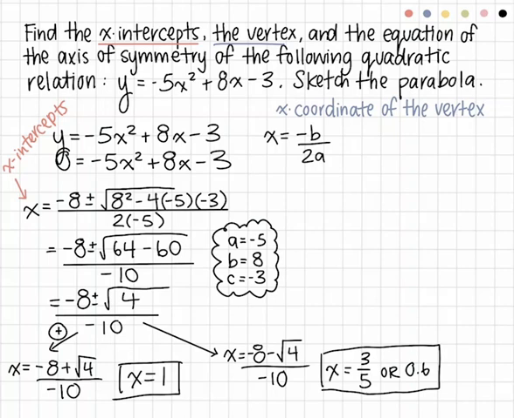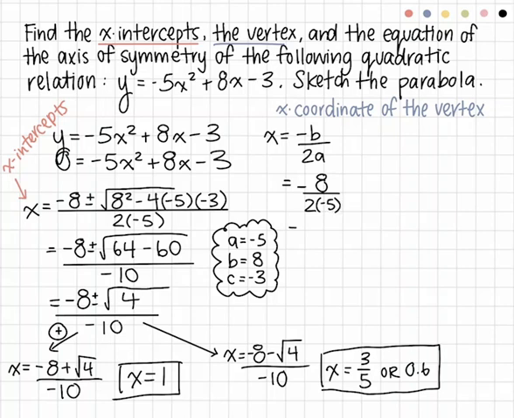So I've got negative 8 divided by 2 times negative 5.